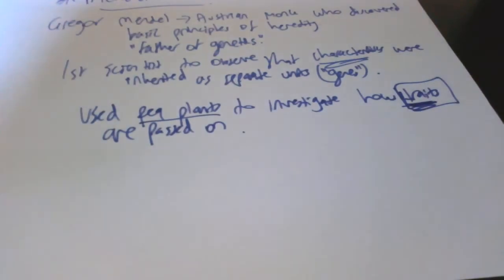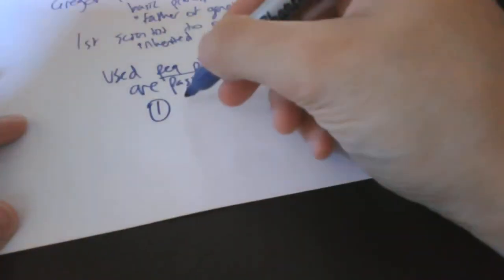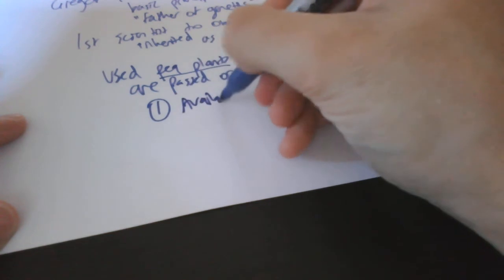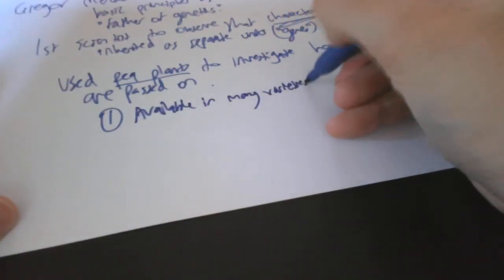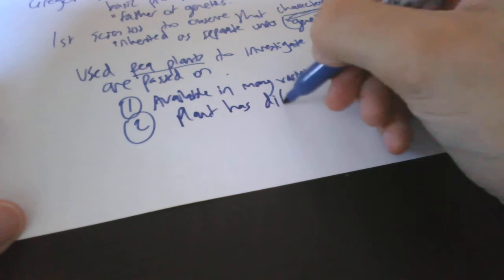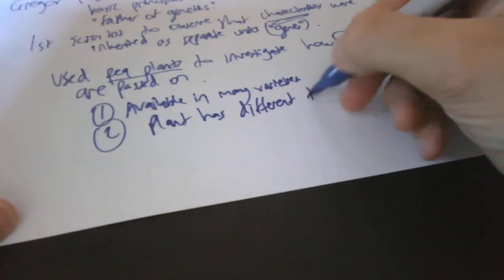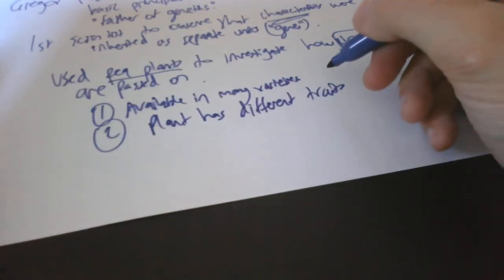Now, why did he use pea plants? He used pea plants for the following reasons. Number one, available in many varieties. There are so many varieties of pea plants. Number two, the plant can be tall or short, so the plant has different traits. Number three, the seeds can also have different textures and colors, so the seeds can have different traits too.